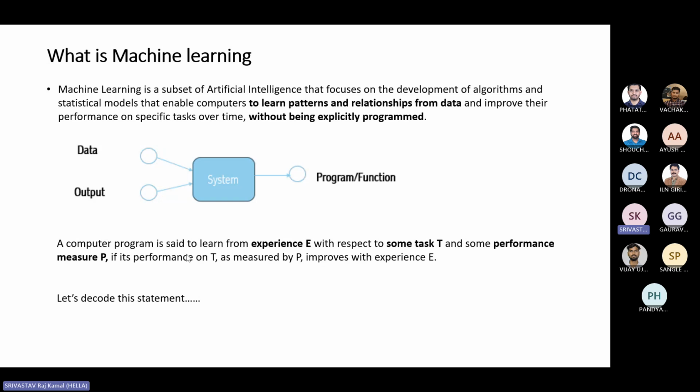If the performance on T, basically the task, increases by some measure, we say that we have gained some knowledge, the experience, and that is what machine learning does. Machine learning helps you find a program which, after training, is able to give you predictions that tend to be closer to the actual values.